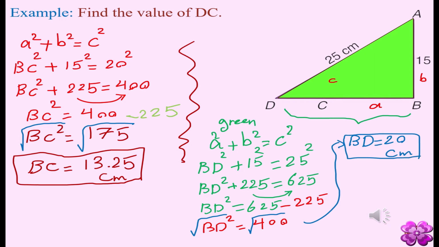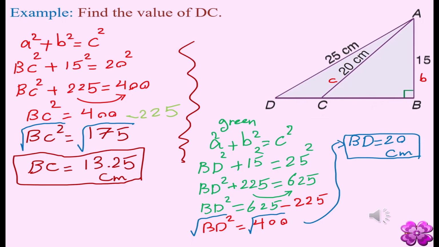So, good. Now we know that. We find that the BC, this part, is 13.25 and the whole BD is 20. In other words, from here to here, we find that is 20.